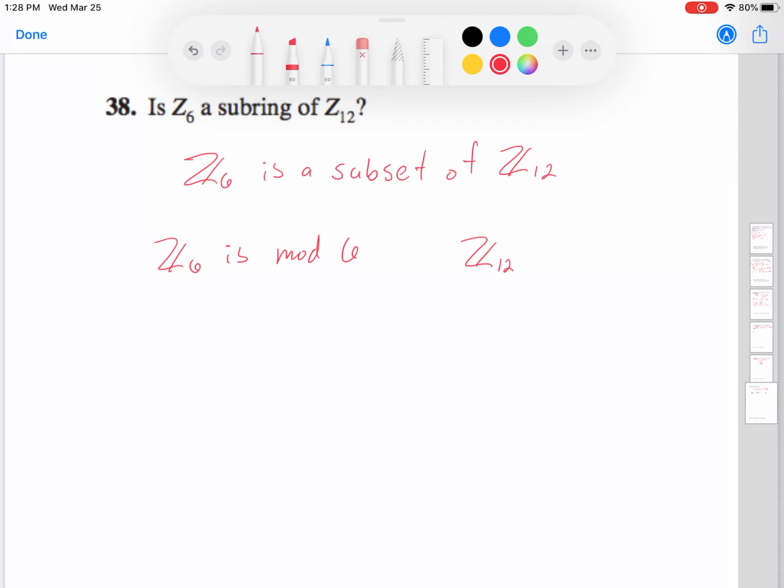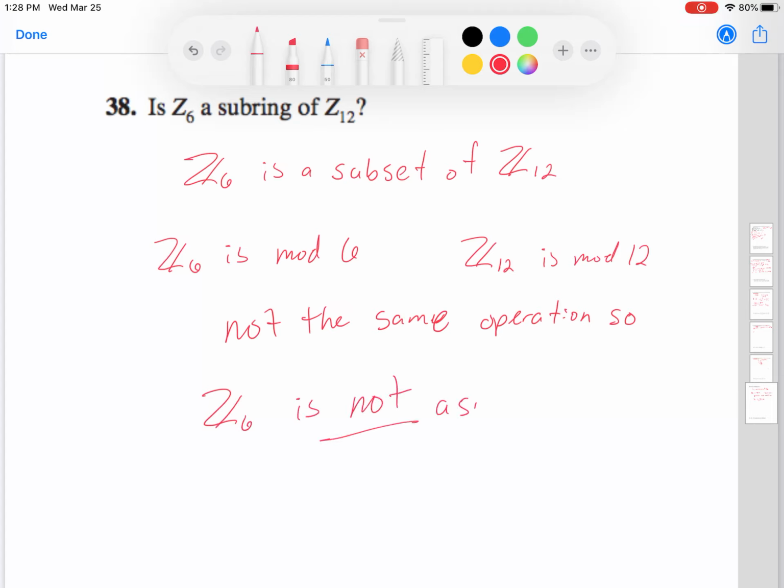Z6 is mod 6, Z12 is mod 12. So, not the same operation.